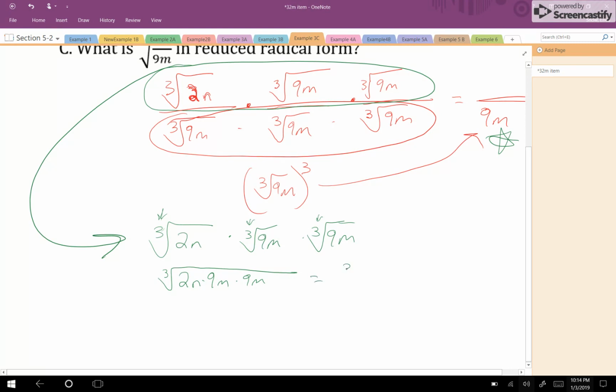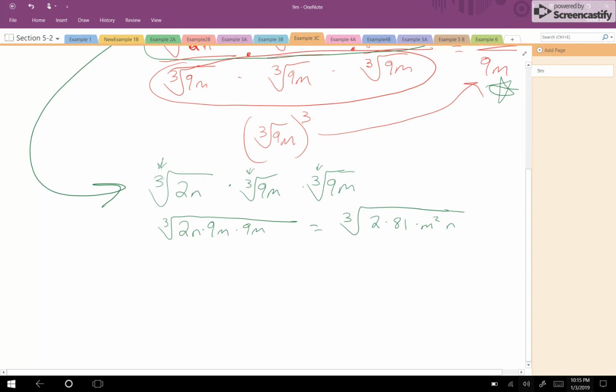And that gives me the cube root of 2 times 81 times m squared n. Now you might ask yourself why I didn't put the 2 and the 81 together. That's because I'm just going to have to break these apart again to see if I can simplify my cube root.